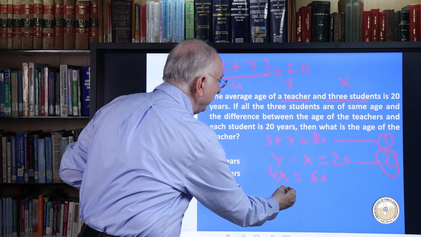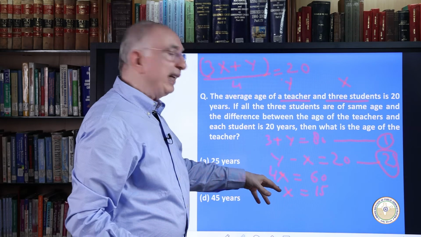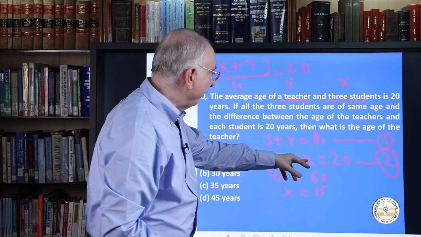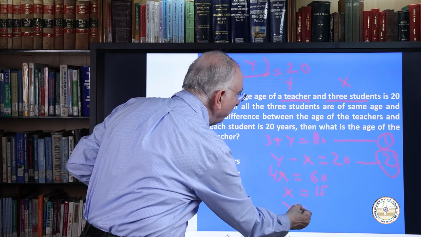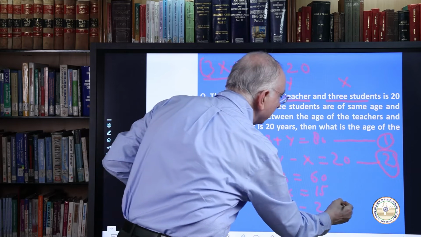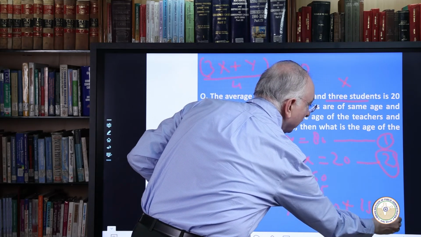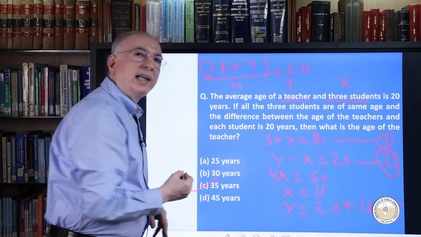That means x is equal to 15. 60 divided by 4. That means each student's age is 15 years. And if we substitute the value of x here, the teacher's age will be 20 plus 15. That means 35. So the teacher is 35 years old. Therefore option C is the right answer.